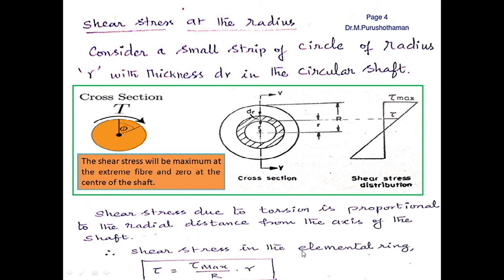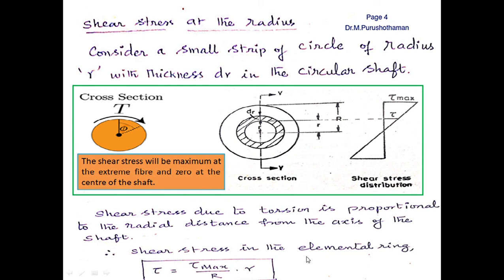Shear stress due to torsion is proportional to the radial distance from the axis of the shaft. We already discussed this in the assumptions. Based on the assumptions, the shear stress due to torsion is proportional to the radial distance, right?